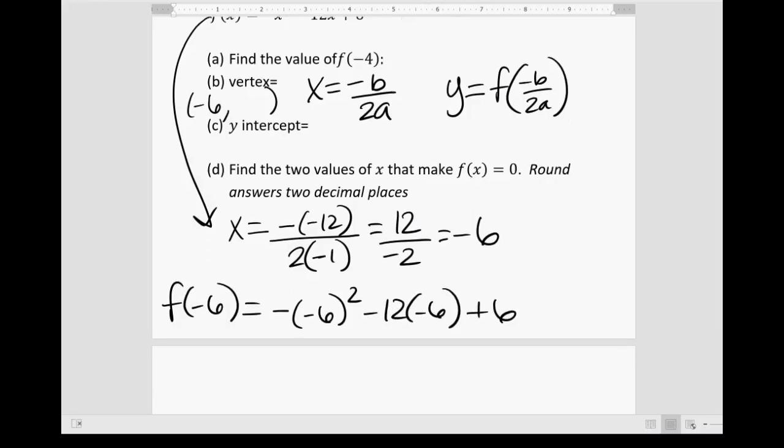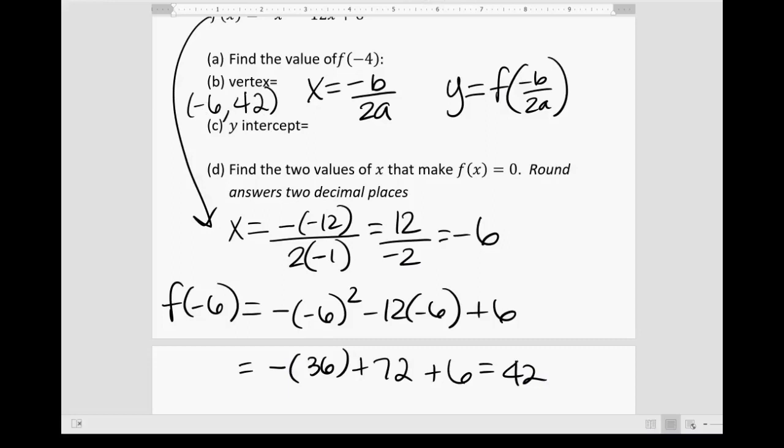So negative 6 squared is positive 36, you still have this negative on the outside. Negative 12 times negative 6 is positive 72 plus 6. So negative 36 plus 72 plus 6 equals 42. So the vertex here is negative 6, comma 42.